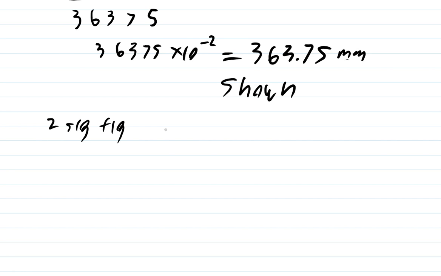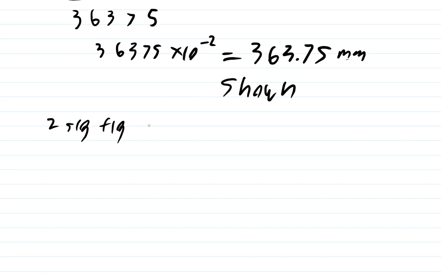Pause the video and write that down and let us see what it is. Now remember, it's not 36. It cannot be. You have 300 and something. When you write to two significant figures, it should be 300 and odd.